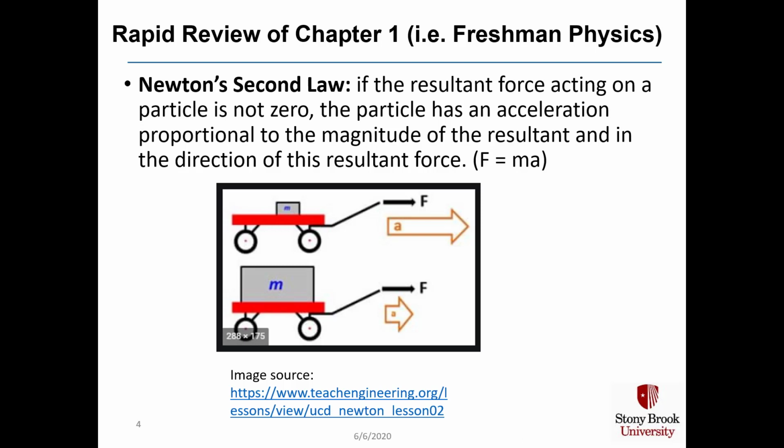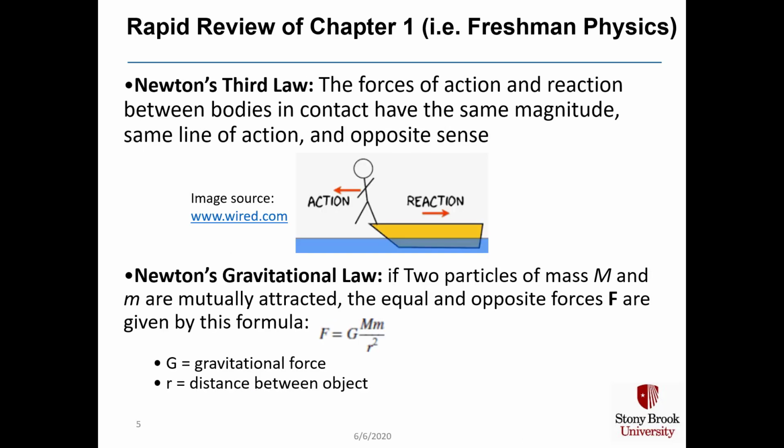Newton's third law says the forces of action and reaction between bodies in contact have the same magnitude, the same line of action, and the opposite sense, otherwise known as for every action, there's an equal and opposite reaction.